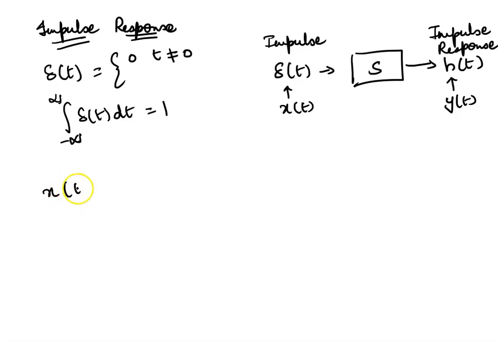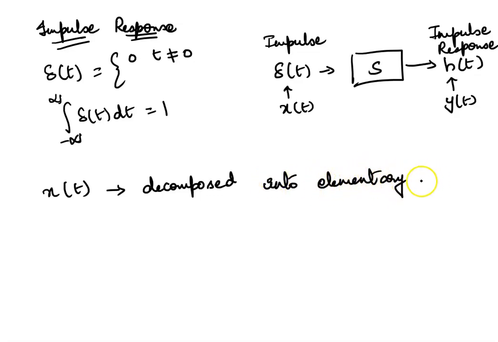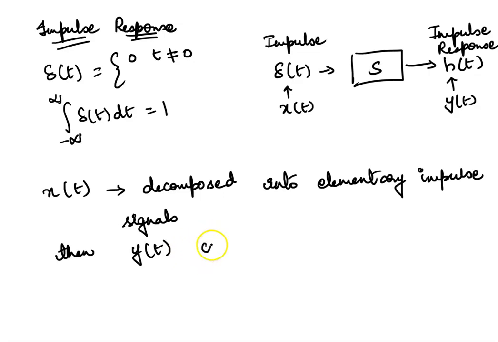If the input can be decomposed into elementary impulse signals, then the output of any given system S can be known. So this is how it starts.